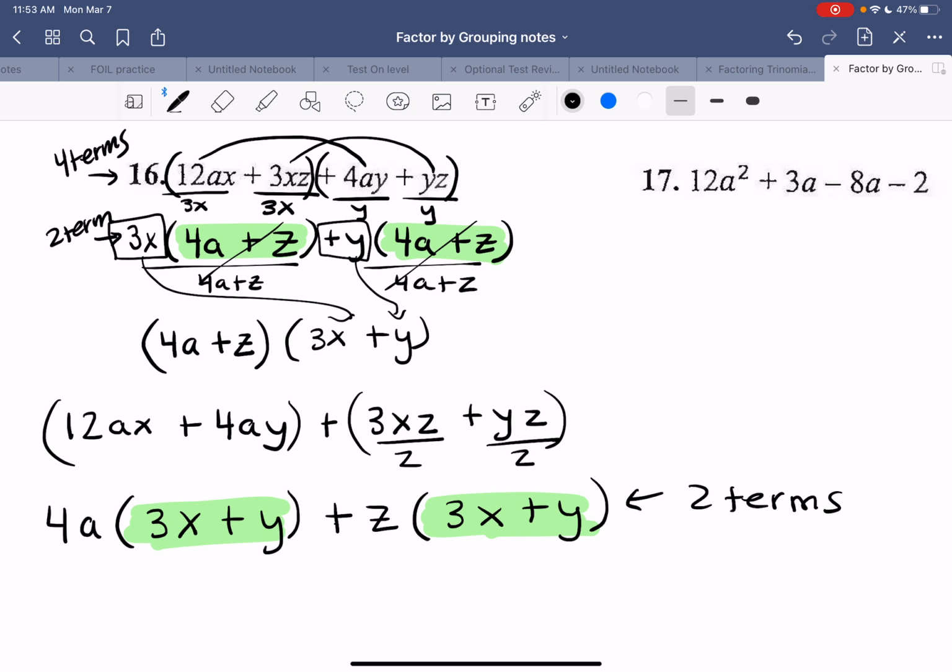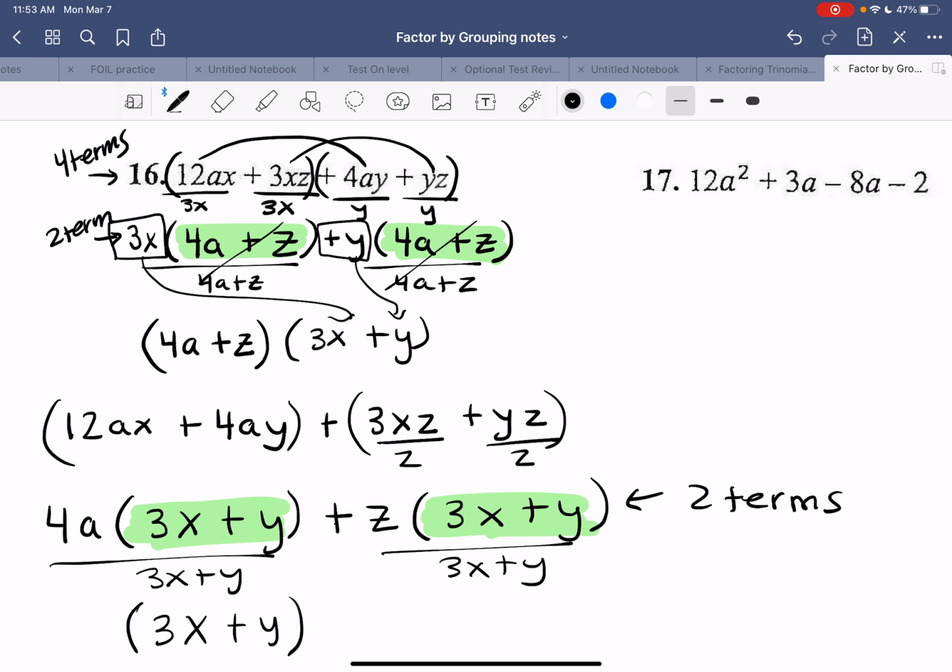When I divide both sides by 3x plus y, that comes to the front because I factored it out. I would just write it once, and then what's left is this 4a, which I put first, and then plus z.